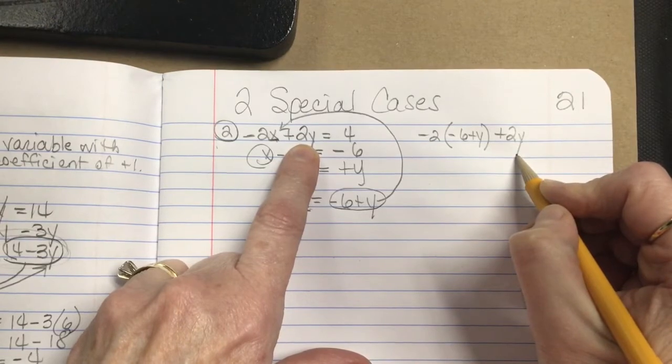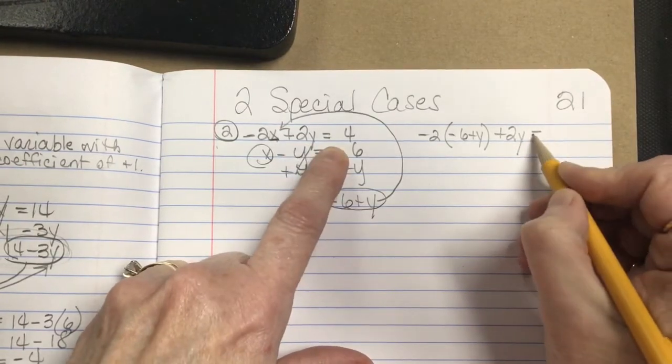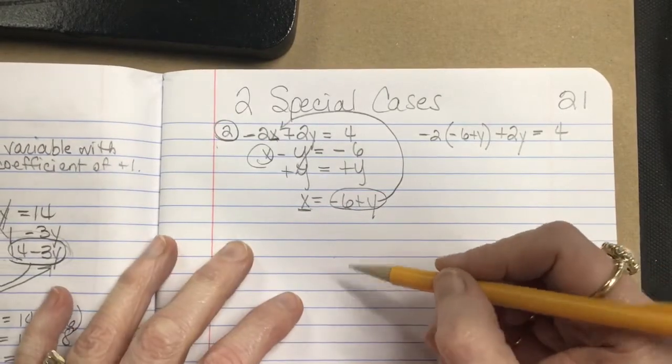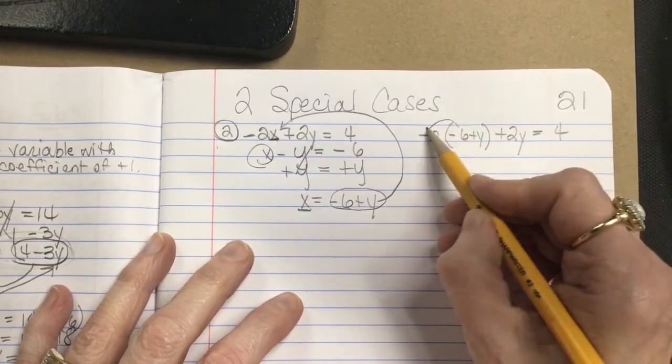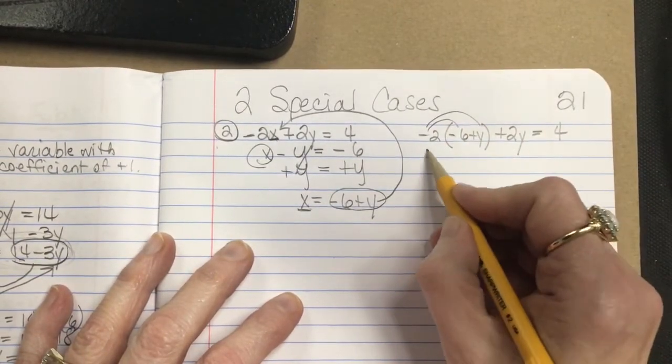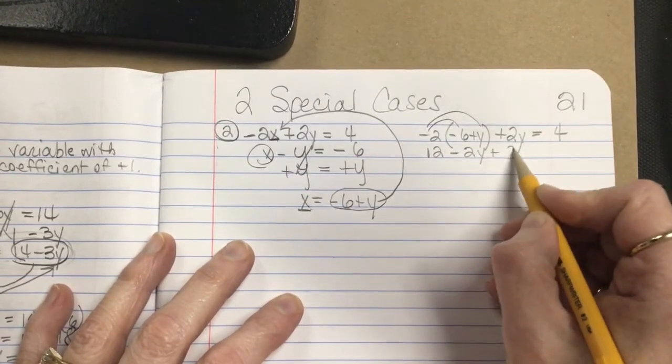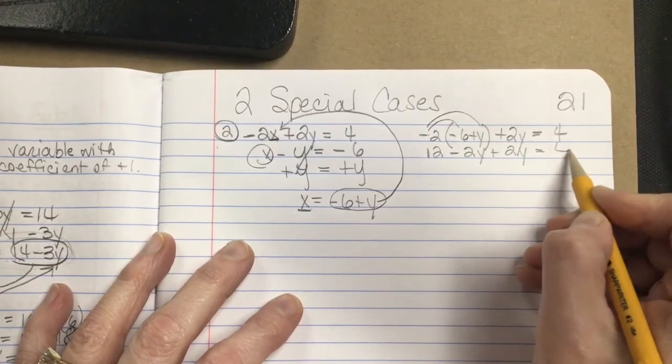They stay in the ball game with substitution. The equal stays in, and the 4 stays in.